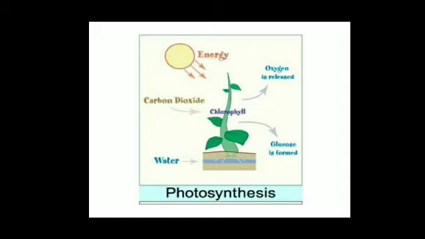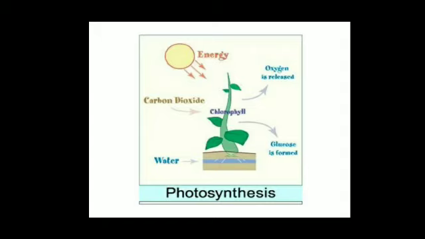Second, carbon dioxide is present in air, so plants take carbon dioxide from the air by using stomata. Third one, water. Water is absorbed by root hairs present in the roots of plants. Fourth, sunlight.